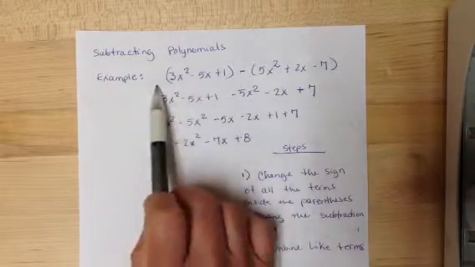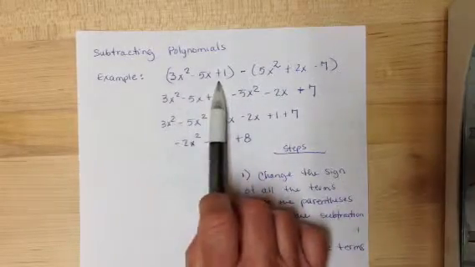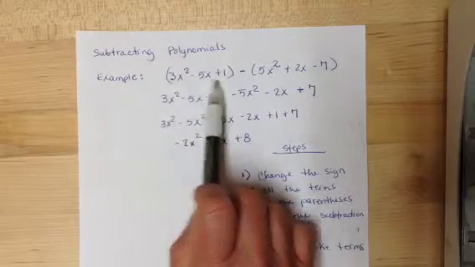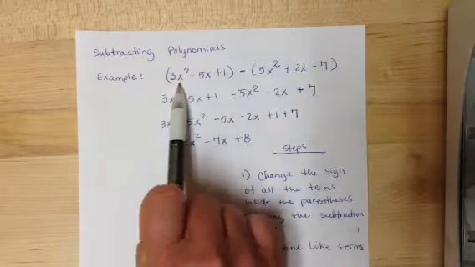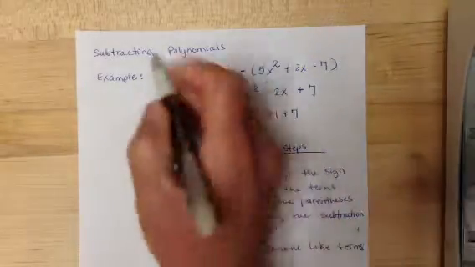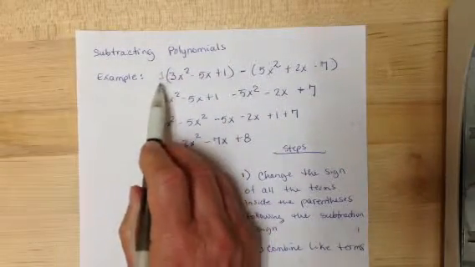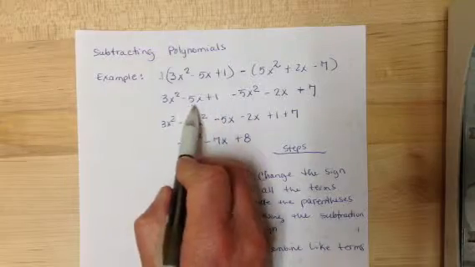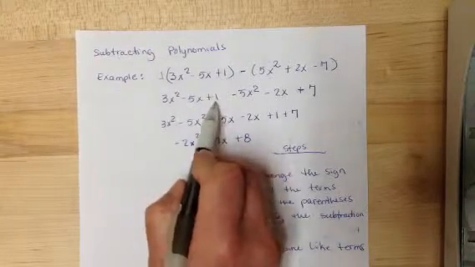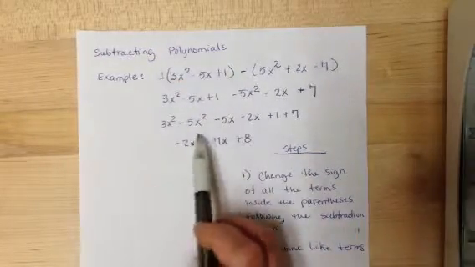It's like having a 1 here, so it's basically what's inside, because 1 times anything is just whatever we started with. So 1 times 3x squared is 3x squared. 1 times negative 5x is negative 5x, and 1 times 1 is 1. We're just removing the parentheses.